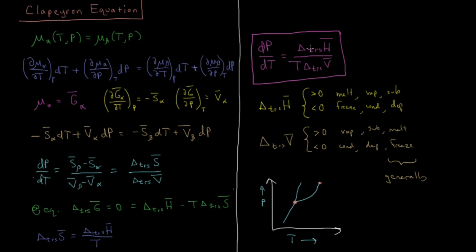So for water, during, say, freezing, the transition enthalpy of freezing is going to be negative, but the transition volume of freezing is positive. So for water, this solid-liquid coexistence curve actually goes backwards and has a negative slope for pressure with respect to temperature.